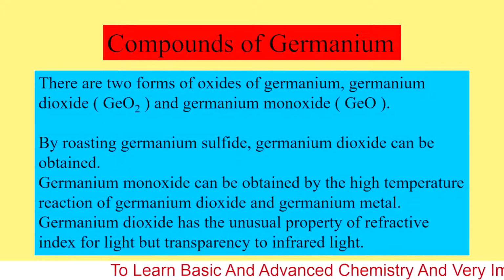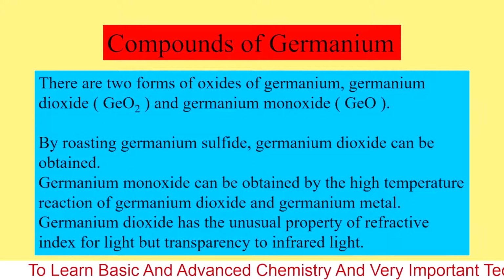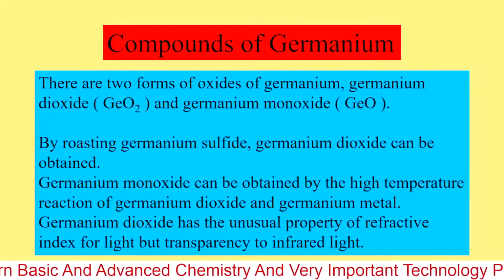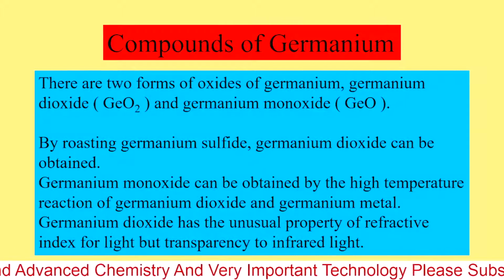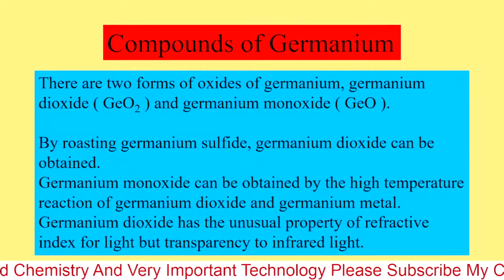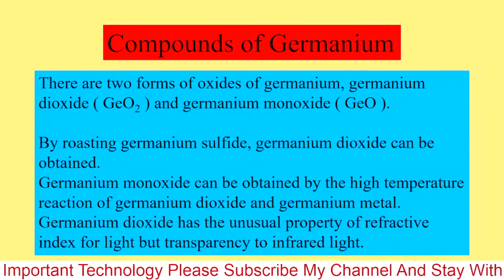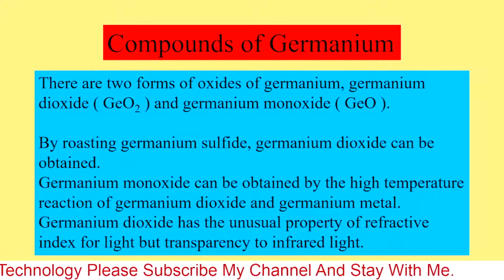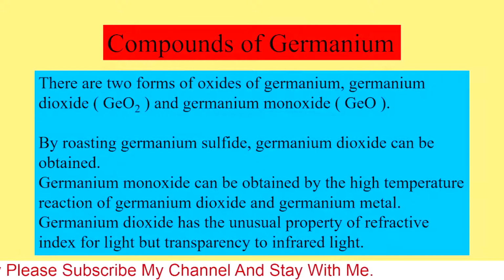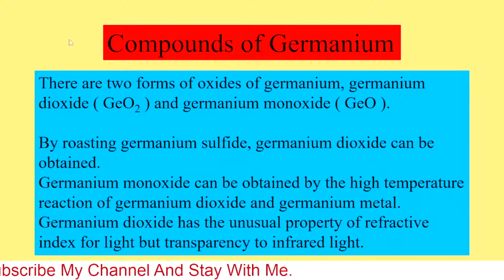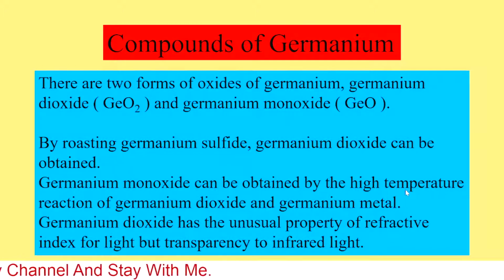That means incomplete combustion of carbon can form carbon monoxide. The reaction of germanium is very similar to carbon, and we are getting germanium dioxide and germanium monoxide. Germanium monoxide can be obtained by the high temperature reaction of germanium dioxide.